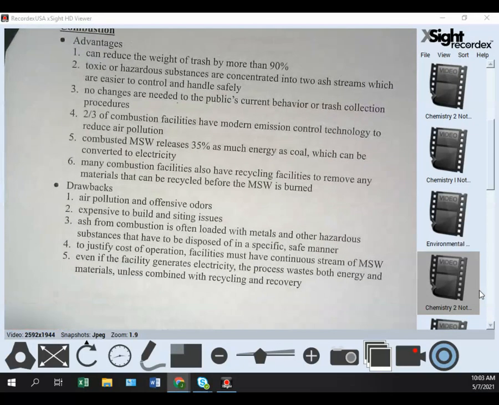So, what do you guys think about combustion as an option? Yeah, I think it's probably the smartest way of just getting the trash gone.